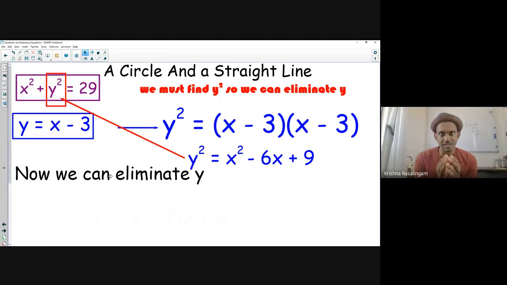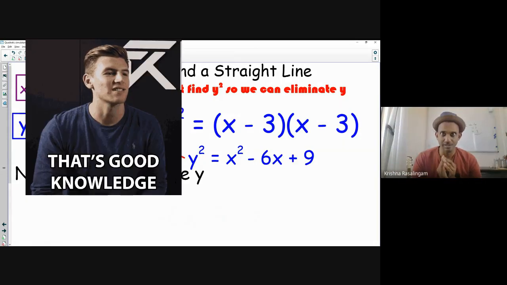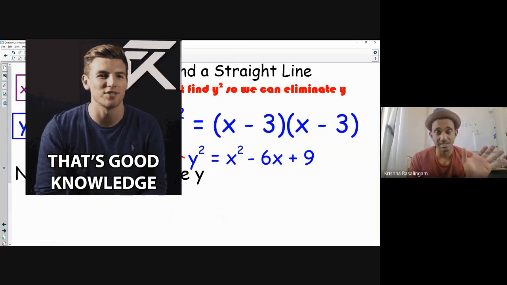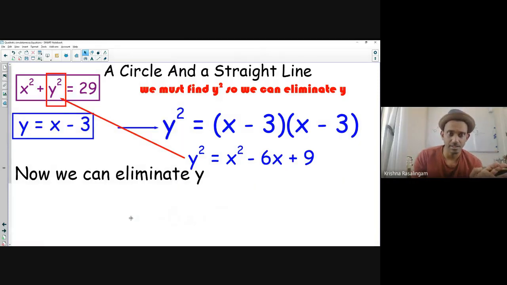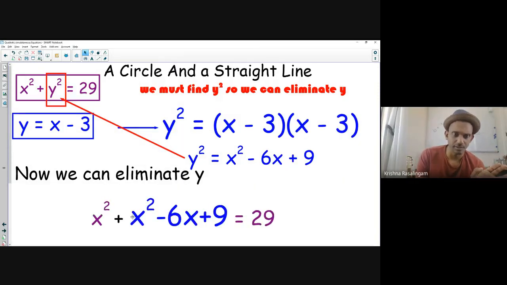Instead of writing y squared, because I know y squared is x squared minus 6x plus 9, I'm going to write x squared minus 6x plus 9. Like so. What sort of equation is this? Exactly, it's quadratic. How do we know it's quadratic? Well done, because the highest power of x is squared.